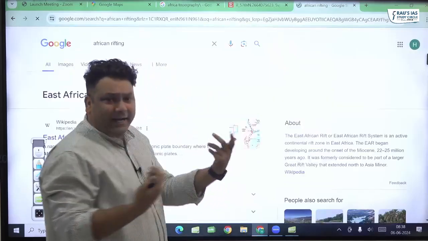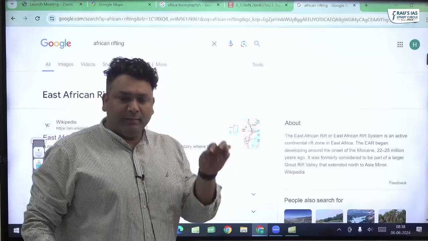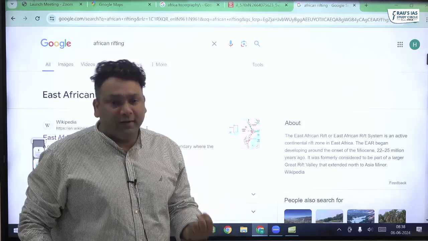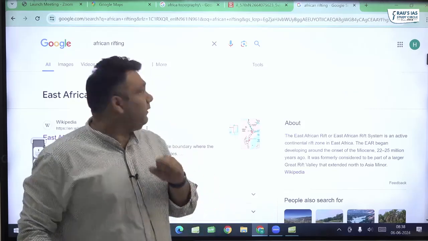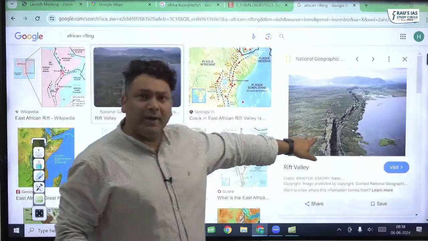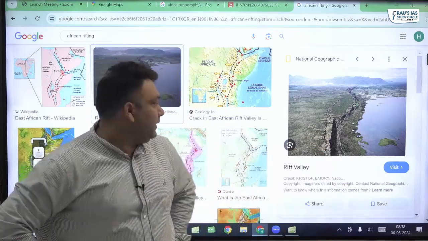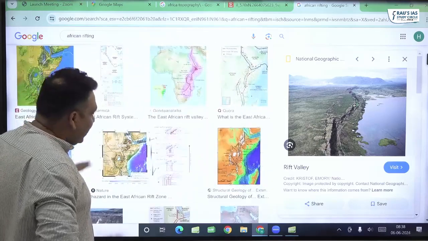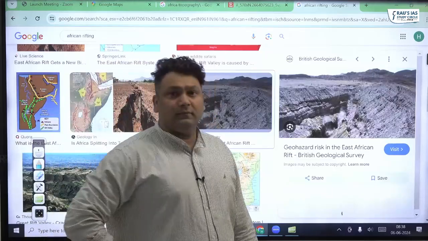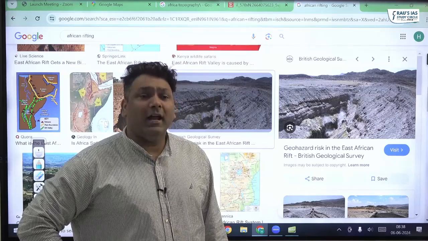Now, when the earth is cracking, when you're going deeper and deeper, the temperature will become high. When temperature becomes high, when the water goes inside these lakes, this rifting, it will dissolve a lot of minerals also. That's why these lakes are mostly alkaline in nature. Whenever such a rift happens, a lot of minerals will dissolve. That's why they are alkaline in nature. Next point. These lakes are mineral rich, and alkaline in nature.